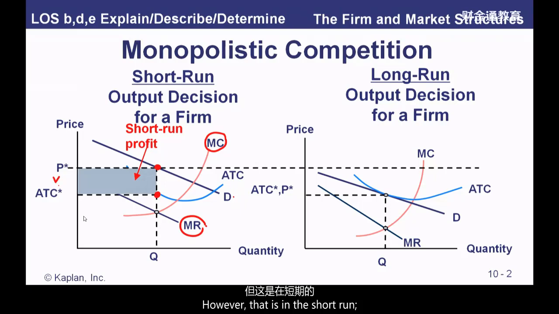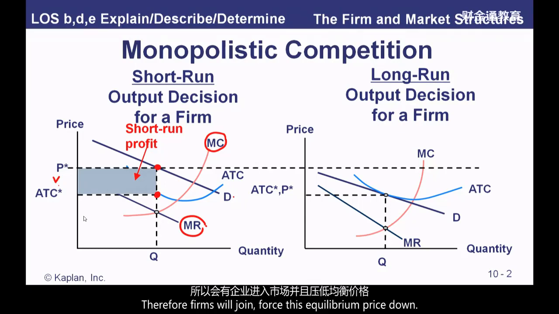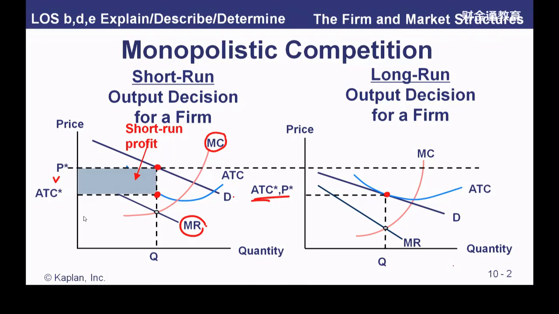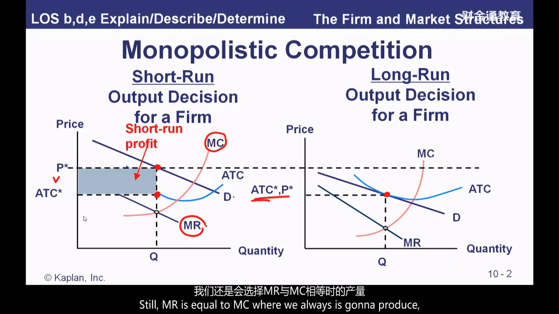However, that is in the short run. In the long run, there are no barriers to entry, therefore firms will join, force this equilibrium price down until you produce at a point where ATC is equal to price. Still, MR is equal to MC.